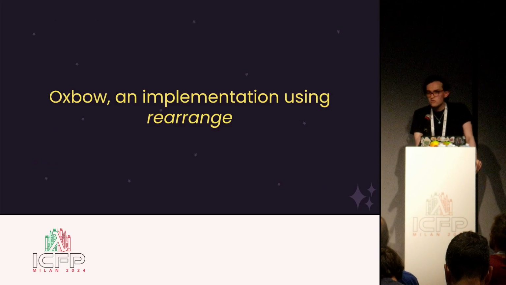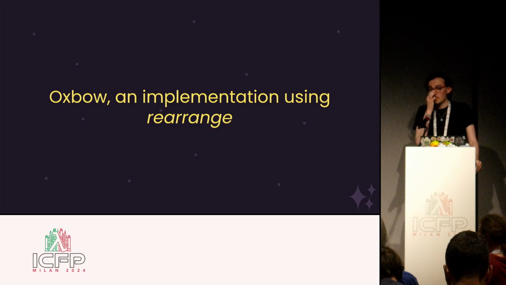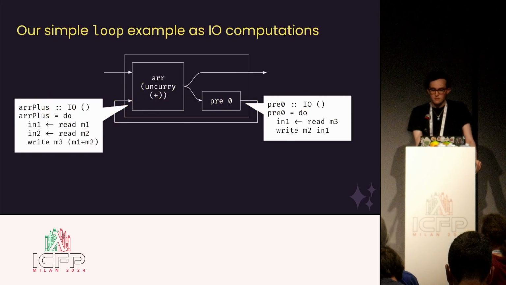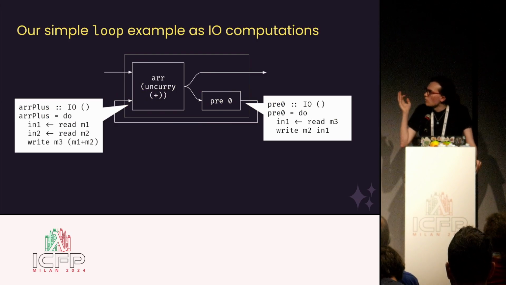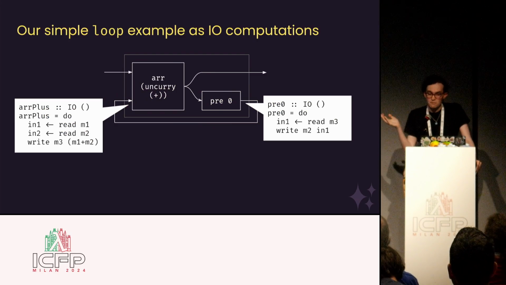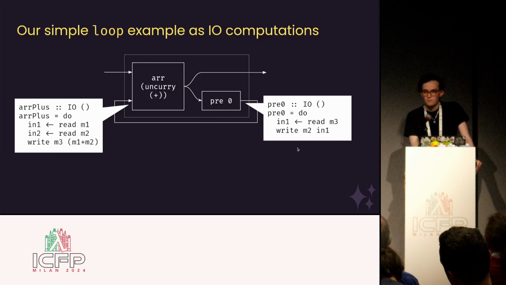For the rest of the talk, I'm going to talk about an implementation using a previously published technique called Rearrange. Here's our simple loop again with the I/O computations we talked about before. So again, R+ is reading from M1 and M2 and writes to M3, and pre0 is reading from M3 and writing to M2.